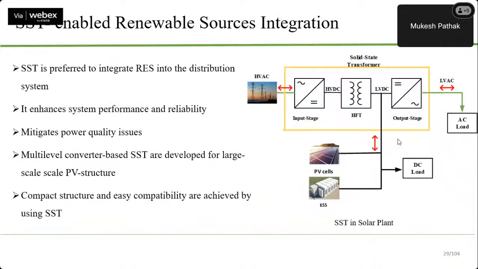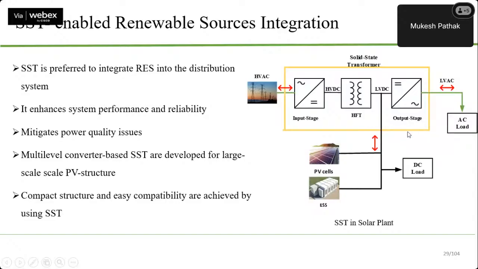Similarly, if you use this type of solid state transformer topology, which is three stage, then you have HVDC here, LVDC here, and the solid state transformer, high frequency transformer and output stage. This gives you an opportunity to form a DC grid, and this makes the AC grid. So you can have a mix of both AC and DC microgrid.